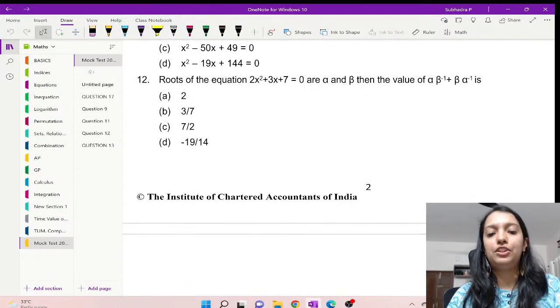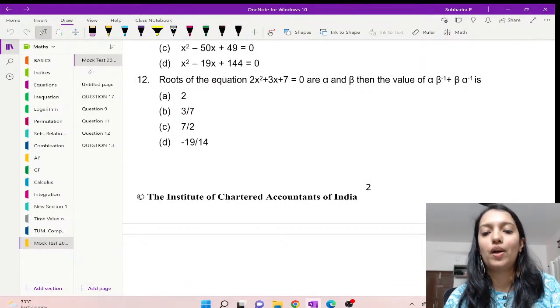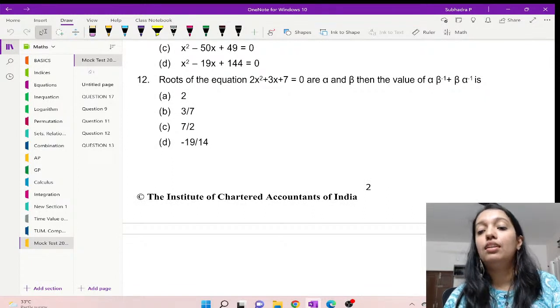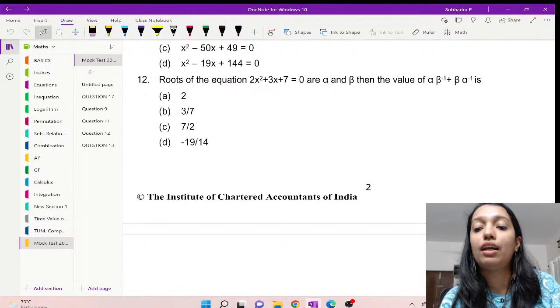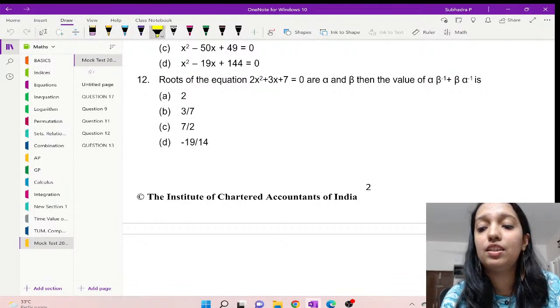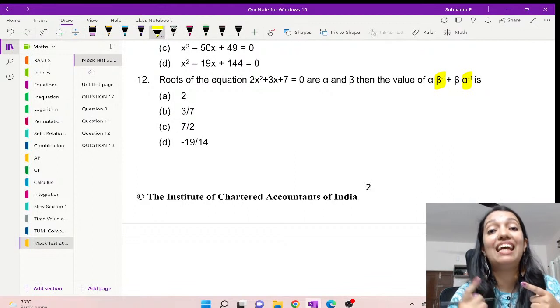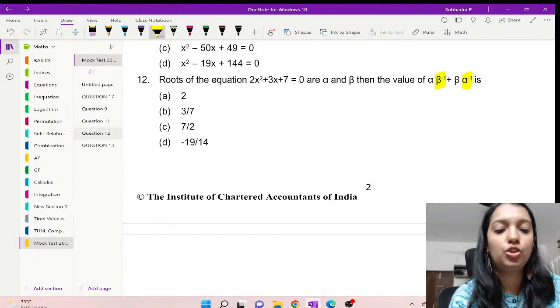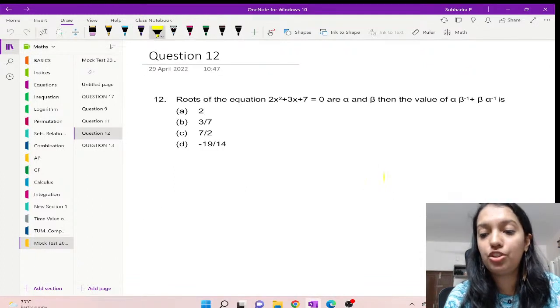Coming to the 12th question: the roots of the equation 2x square plus 3x plus 7 is equal to 0 are alpha and beta. Then find the value of alpha into beta to the power minus 1. Arey baba, to the power minus 1 came back. How do we solve this? Anything to the power minus 1, you have to take the reciprocal. So, I am doing the 12th question right now.